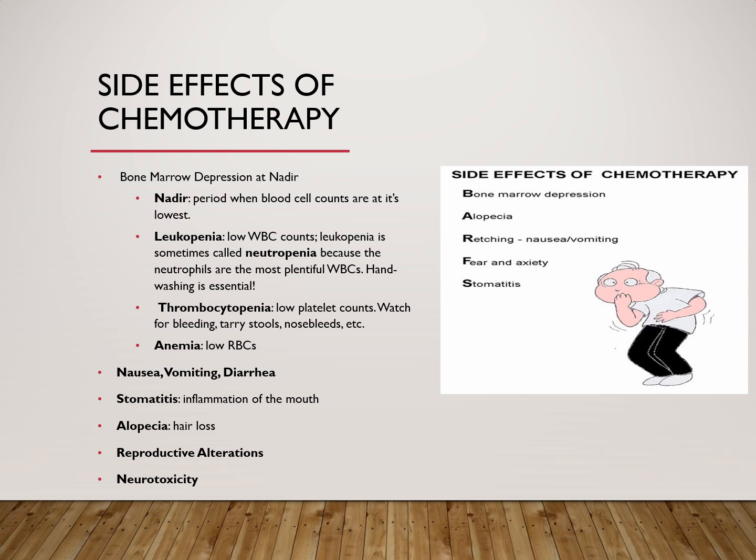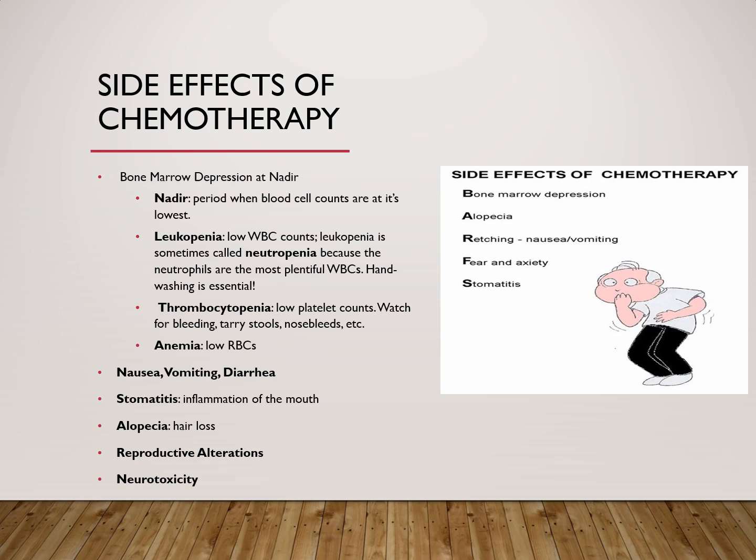Leukopenia is sometimes referred to as neutropenia because the neutrophils are the most plentiful of the white blood cells. This is where patients are at a very high risk for infection. Hand washing is essential. Also, you have thrombocytopenia, which is your low platelets.